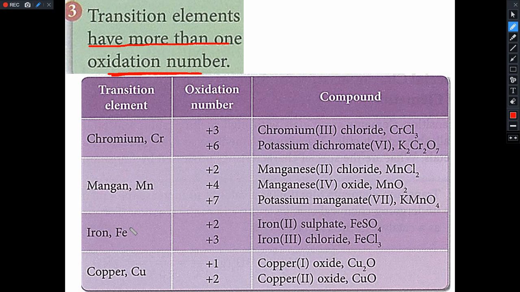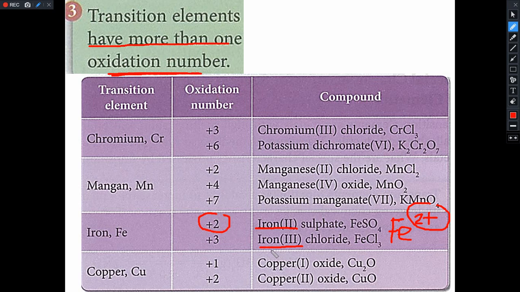There are two different ions, which are iron 2 ion and iron 3 ion. Iron 2 ion is Fe what? Yes, Fe2 positive. Because the charge is 2 positive, the oxidation number is positive 2.